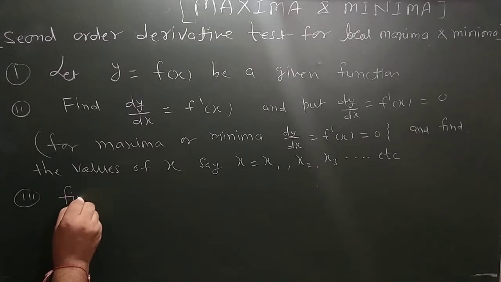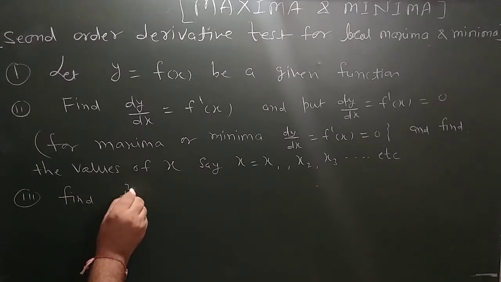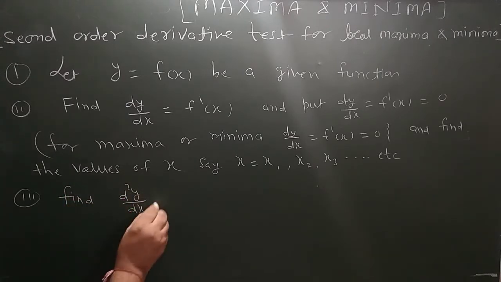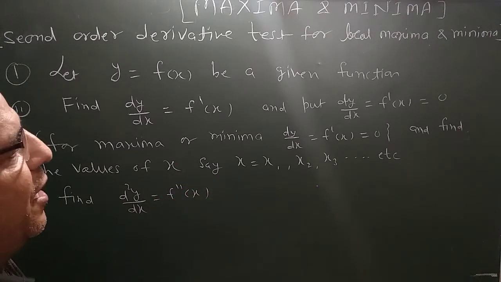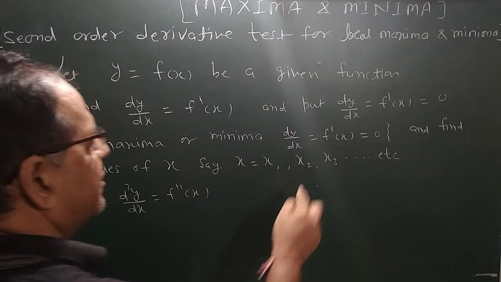Third, find d2y over dx square, f double dash x, after dy over dx equal to f dash x.